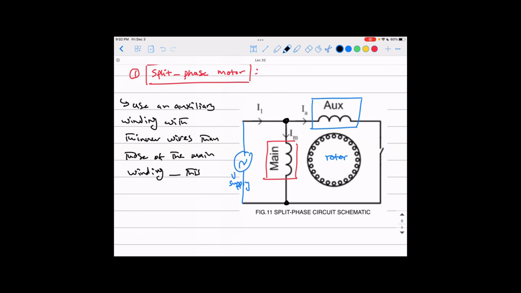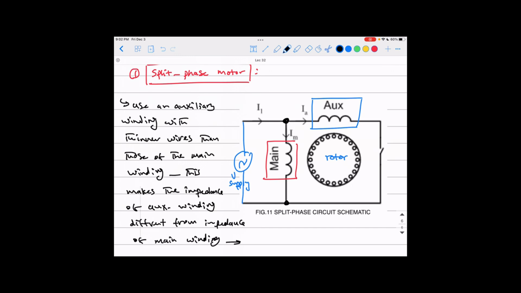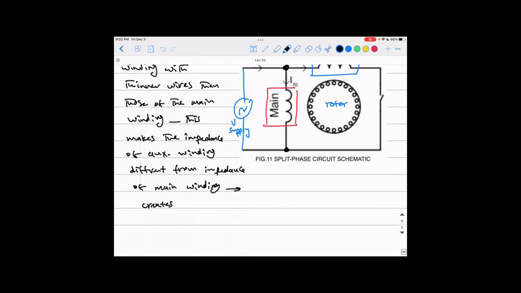Okay, this makes the impedance of the auxiliary winding different from the impedance of the main winding, and this creates a phase difference between the main and auxiliary currents.